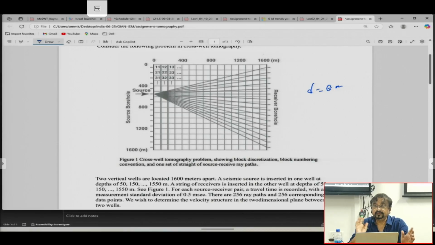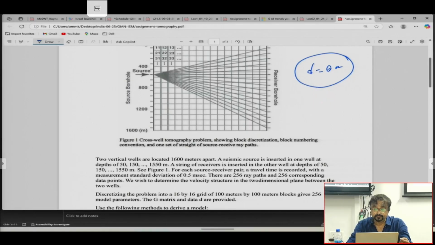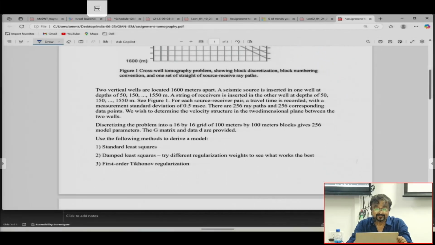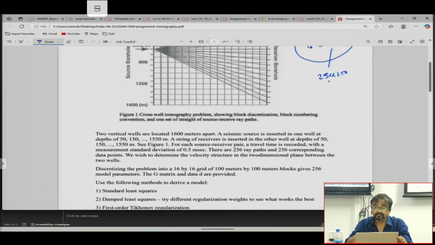I'm doing a sort of synthetic experiment. I'm not going to the field and doing this. I'm generating some data using this formula, d equals Gm, okay? So here I have 256 ray paths and 256 data points, so your G matrix is 256 by 256.